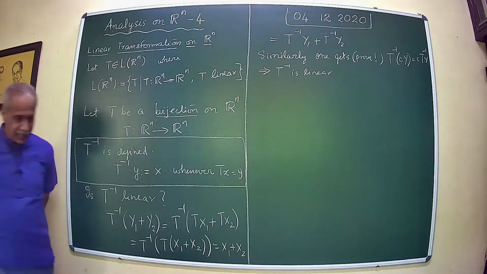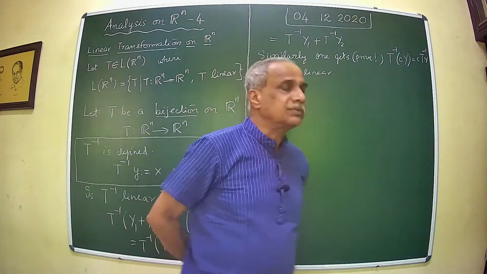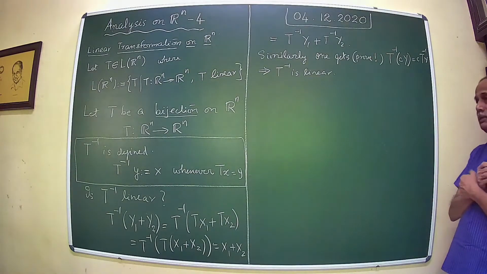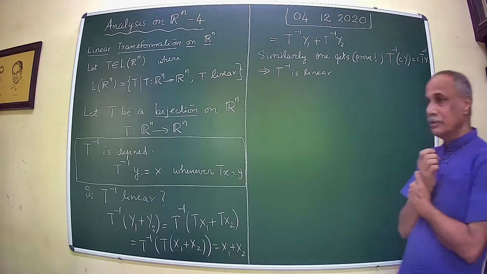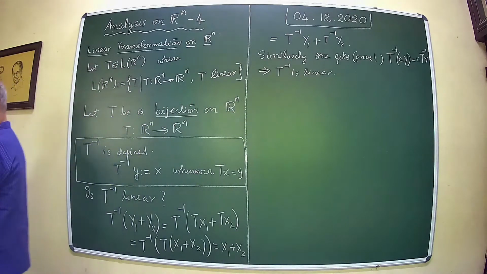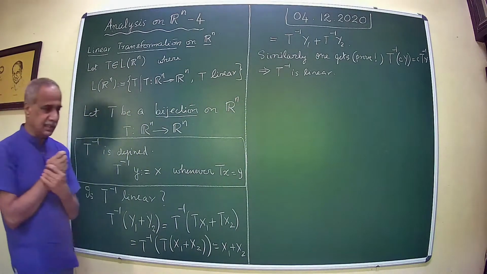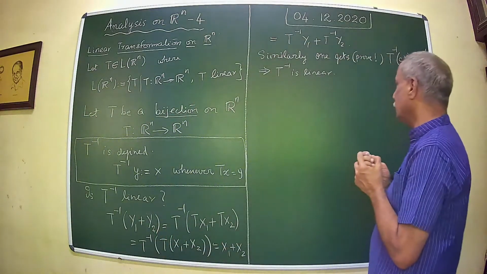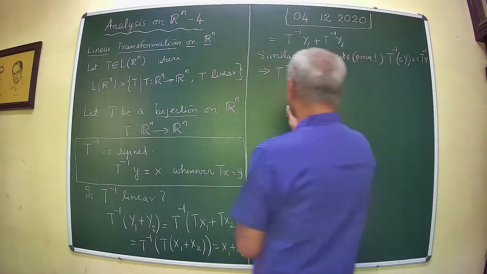And you see that there are linear transformations which are not necessarily one-to-one and onto. So that is not an essential condition for T to be linear.